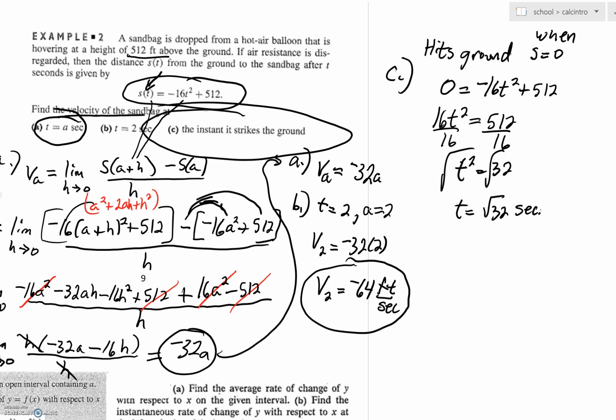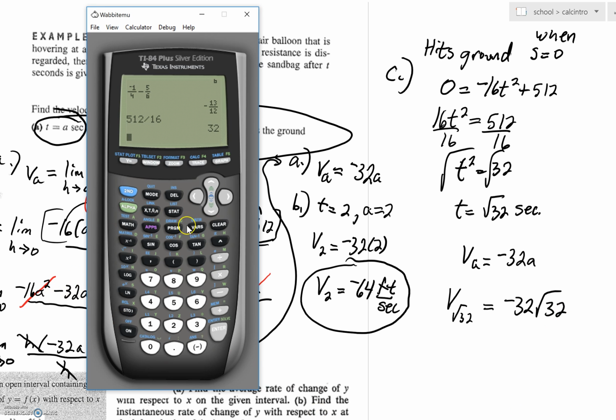Yeah, you could, but look, v of a is equal to negative 32a. You'd say, hey, at this moment, at radical 32, let's see what our velocity really would be. And let's get a decimal here. Since we'd probably be using a calculator, we might as well just get this rounded off at the very end.